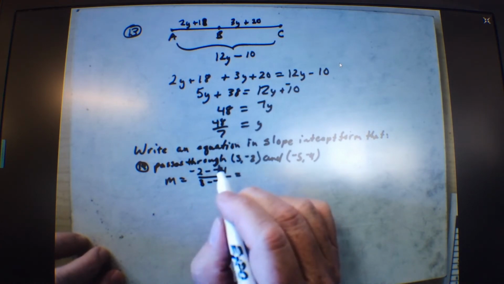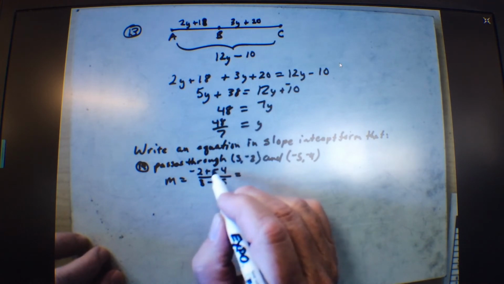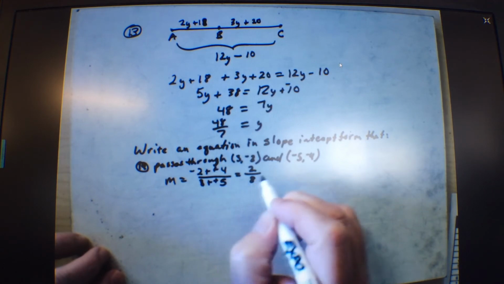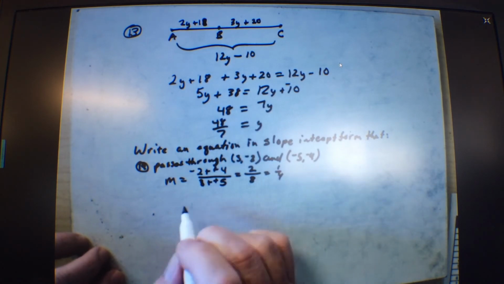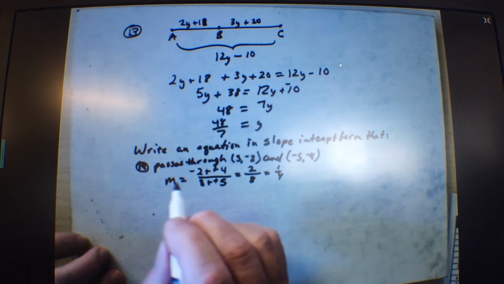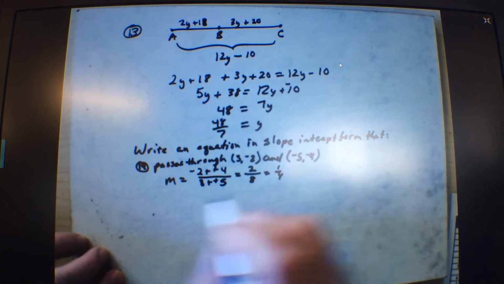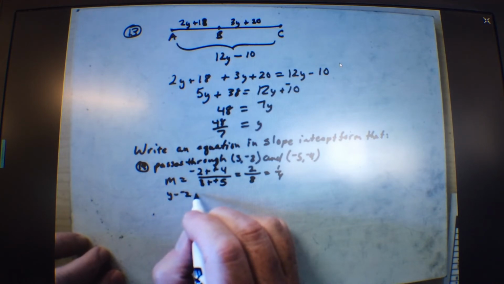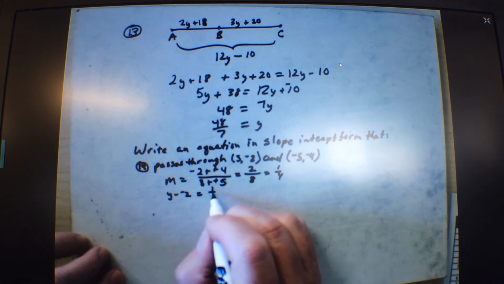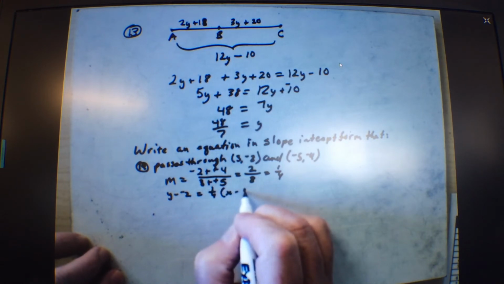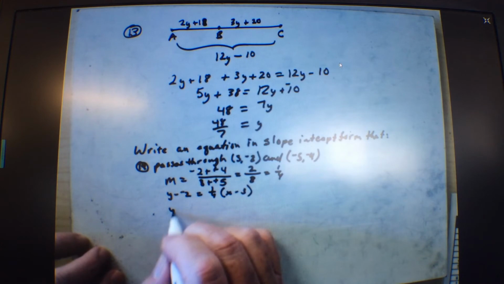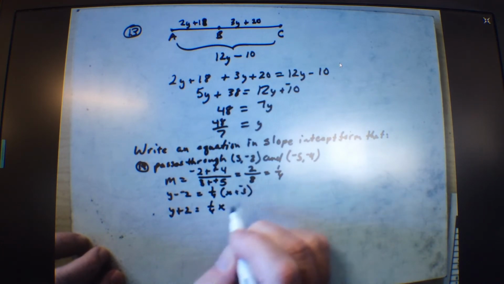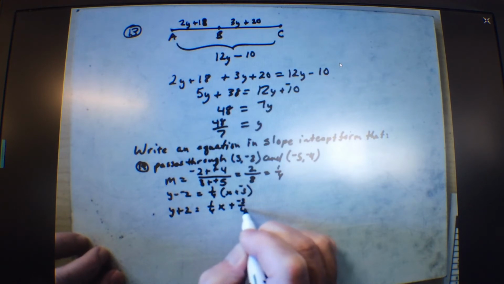So this would be positive 2 over 8, it's 1/4. And so then, it doesn't matter which point I use, I'm going to use the first one. y minus negative 2 equals 1/4 times x minus 3. So I have y plus 2 equals 1/4 x minus 3/4, correct?